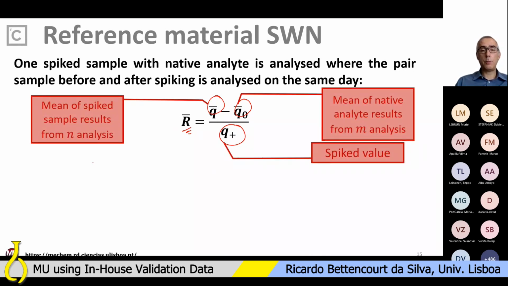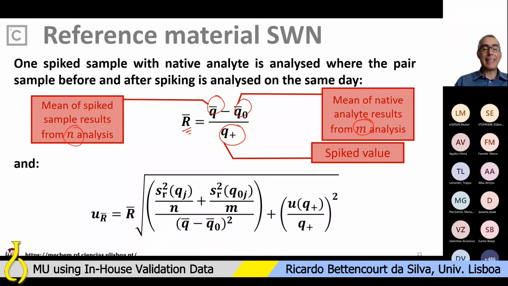And sorry, it is necessary to mention that for this equation, the sample before spiking was analyzed m times, and after spiking n times, and everything done in the same day under repeatability conditions. So the standard uncertainty associated with mean recovery, in this case, will express the recovery of analyte specific to that day. So this is a limitation, of course. This can be a problem if the recovery varies significantly between days.